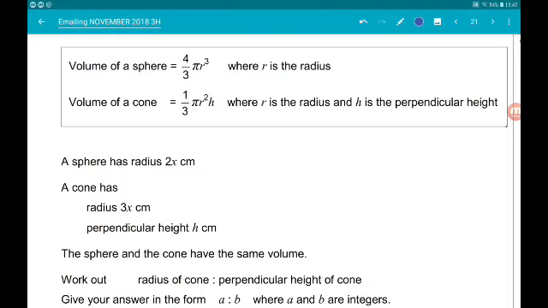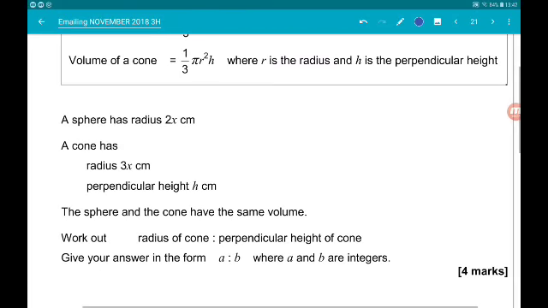Okay, 24, another fun one here. So we're given the formulas for the volume of a sphere and a cone. We are told a sphere has a radius 2x centimeters. A cone has radius 3x centimeters and a perpendicular height h centimeters. The sphere and the cone have the same volume.